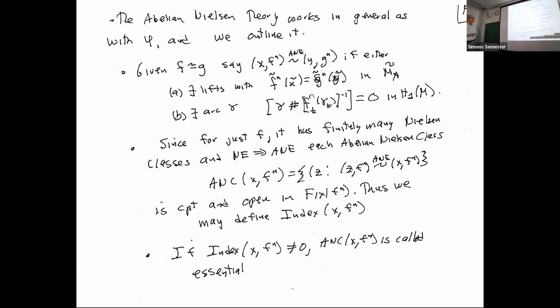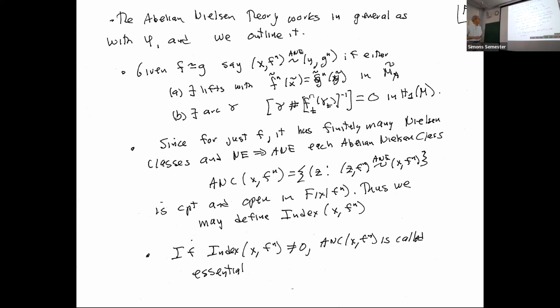If you have homotopic maps, you say periodic points or fixed points are equivalent if they have equivariant lifts to the universal abelian cover. So the whole theory is just like Nielsen theory, but now you use the universal abelian cover. And the arc definition is the one you'd expect, but now the loop is zero in homology.